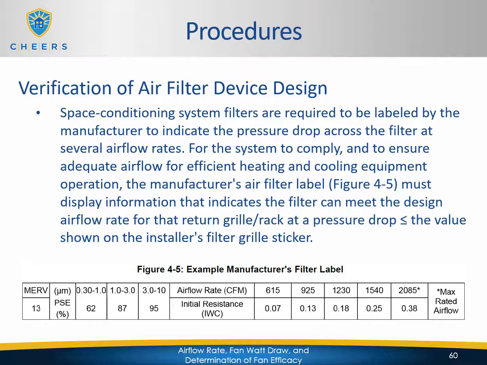If we look on here at 925 CFM, it's only a 0.13, which is less than the 0.14 at a higher airflow rate. So that value would be better than what the design is. This filter would comply based on that design criterion. So that's what we're going to compare, those two values.